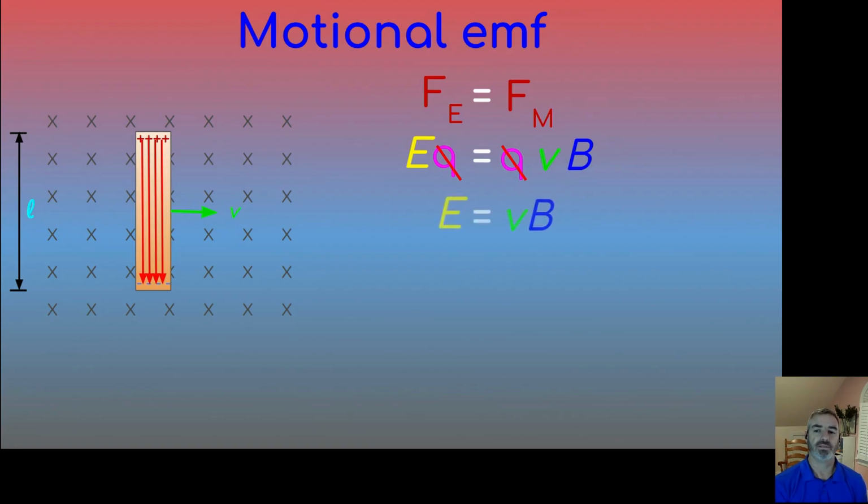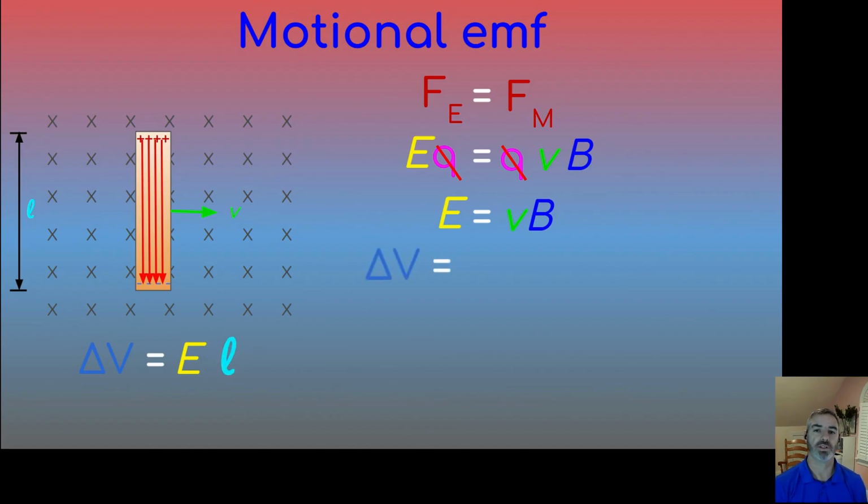And what we're trying to find is the EMF, or the change in potential between the ends of the rod. So remember that change in potential based on electric field is just the electric field times the distance between the charge plates. In this case, the charged ends of the rod. So that delta r is just going to be the length of the rod.